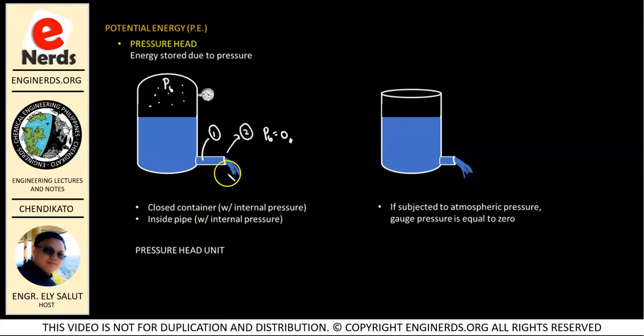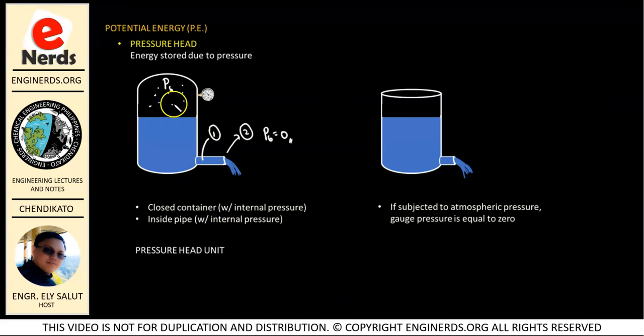Okay, di ba? Nagkaroon nga tayo ng previous video on how to calculate the pressure at different elevation, di ba? So we have a pressure at this point. However, kapag na-release na natin siya sa atmosphere, we can visualize it that on this point, our fluid was released from the pressure.